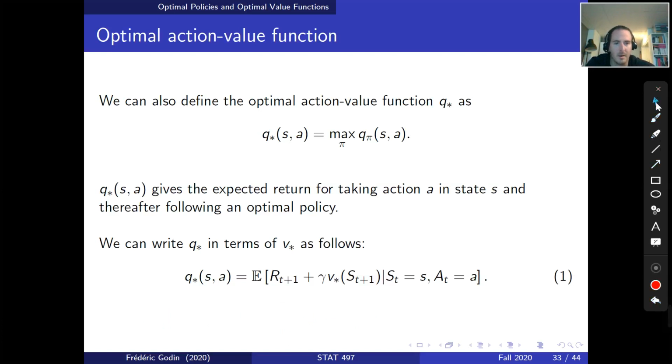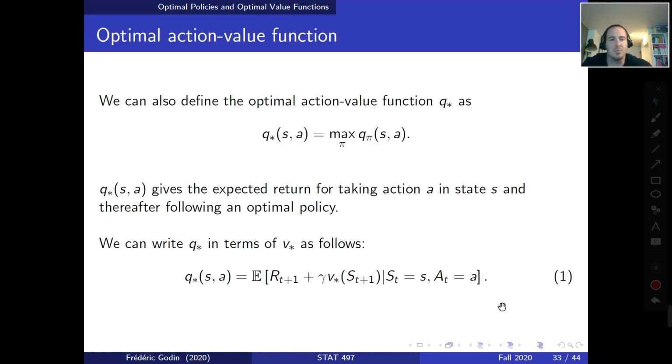So this is the intuition of how we get this relationship. It's possible to express what we call the optimal action value function in terms of an expectation of the next reward and of the optimal value function at the next state.